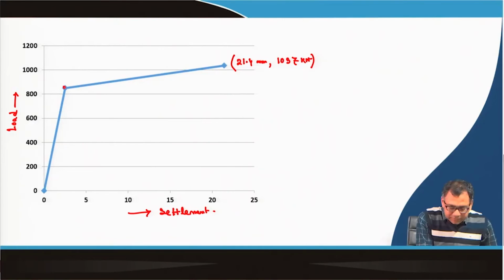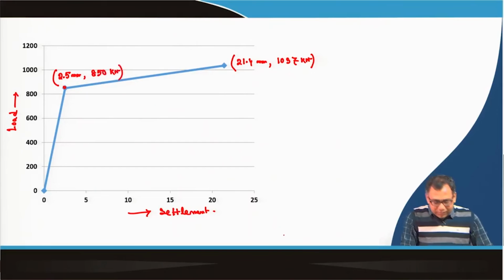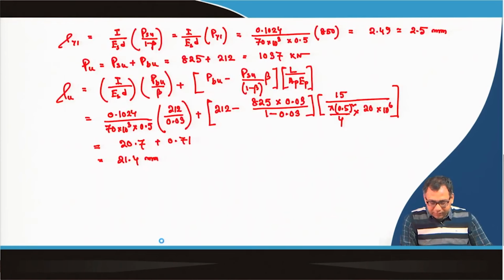And this is 2.5 millimeter and 850 kilonewton. Okay. So, similarly, I can draw the other 2 curves also.